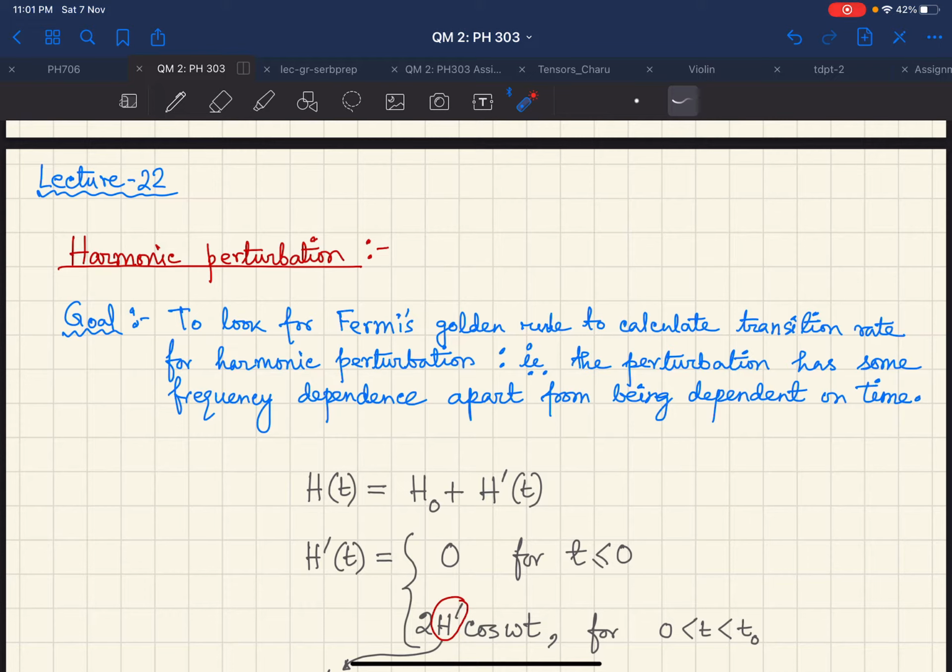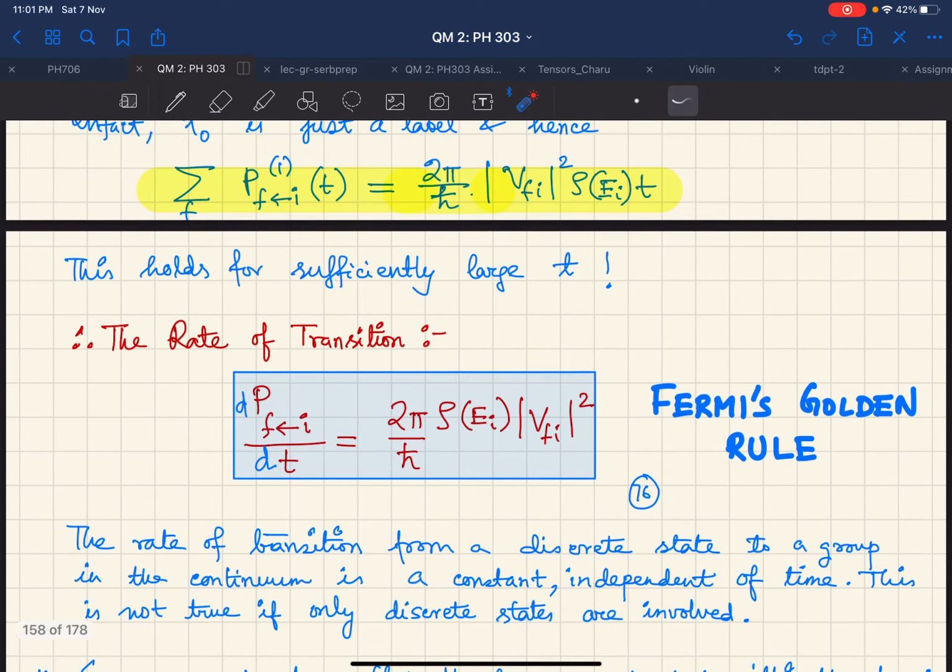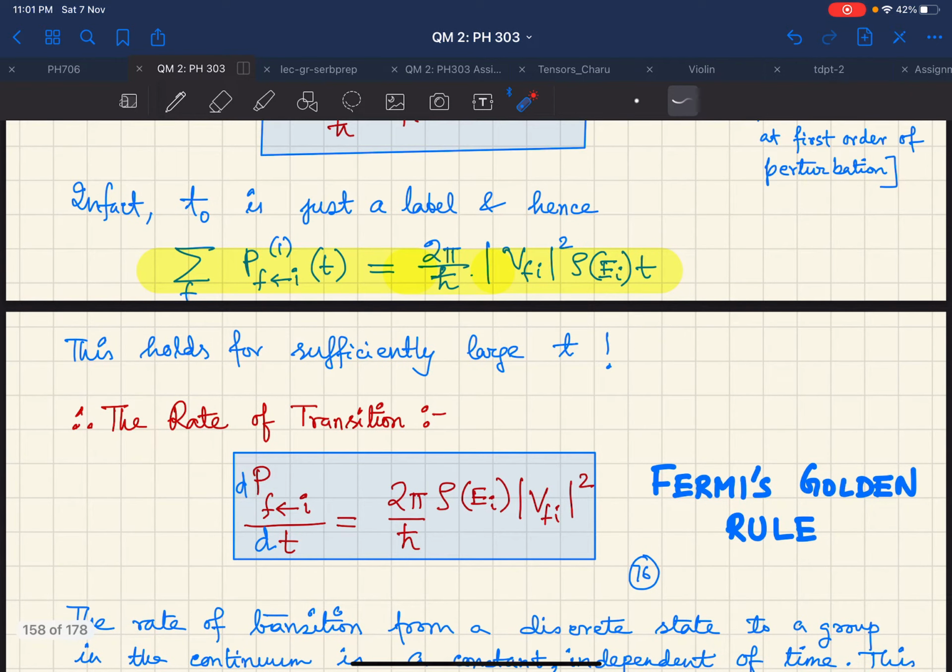So before t equal to 0, the system was described by some Hamiltonian H0 which is completely known, and afterwards there is a constant perturbation which we had denoted by V, and the result that you had obtained was basically Fermi's golden rule.